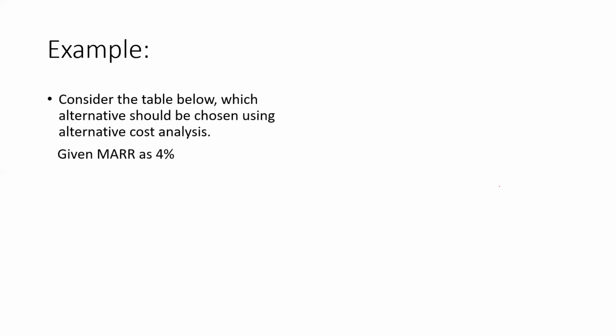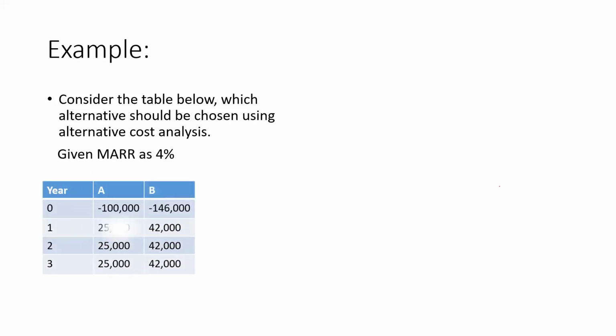Okay, another example. The question is, consider the table below. Which alternative should be chosen using alternative cost analysis? You are given MARR, the minimum acceptable rate of return, as 4%. For the investment year, we have minus 100,000 for A, and for B, minus 146,000.